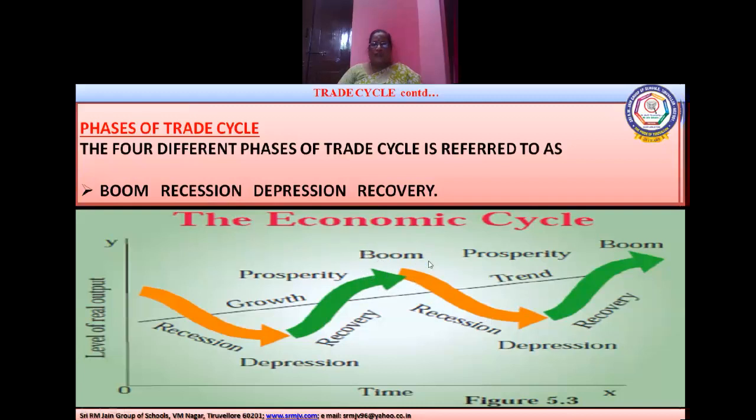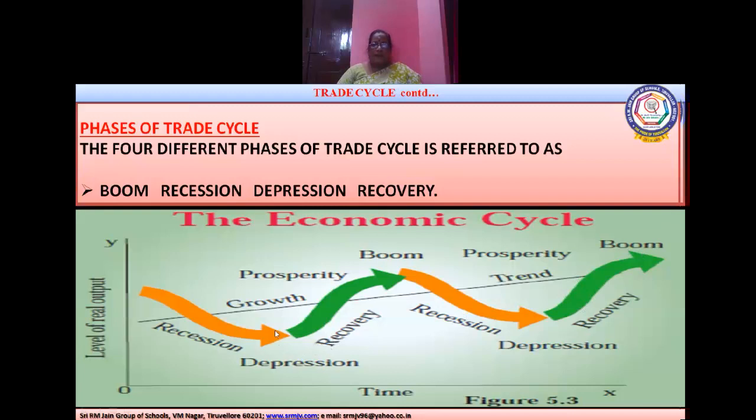Boom period is on the top. Recession period is coming down. Then after coming down, depression. So boom and depression are just opposite. Up means boom, down means depression. Keep that in your mind. And then recovery, where again it is developing.